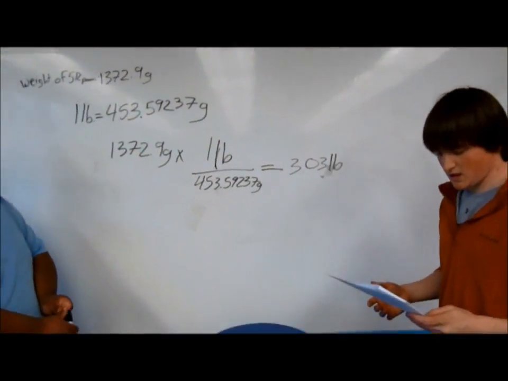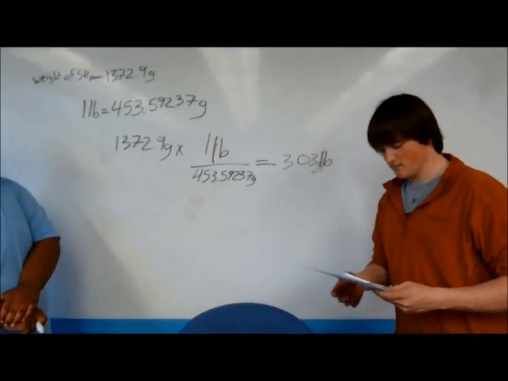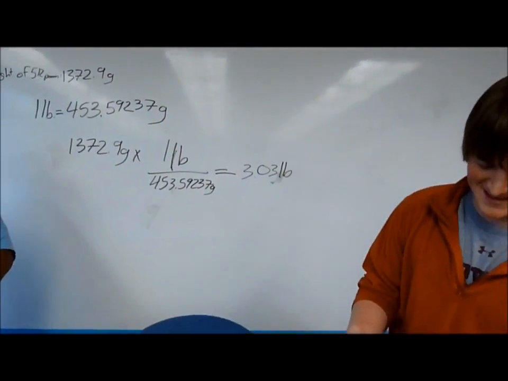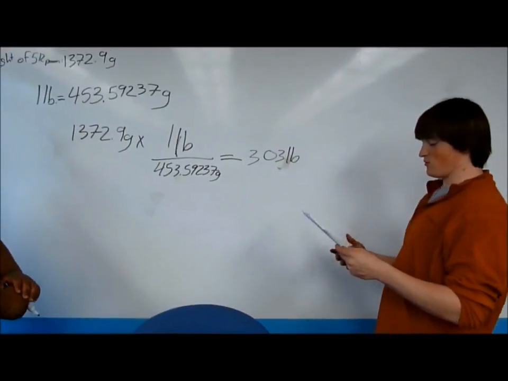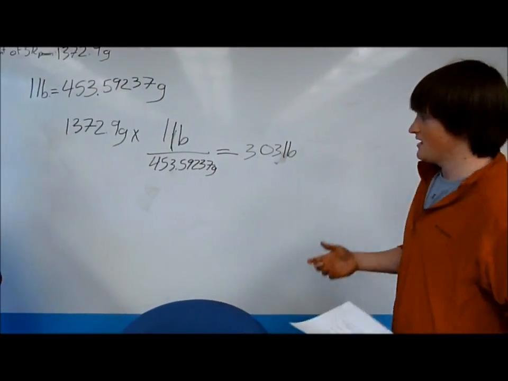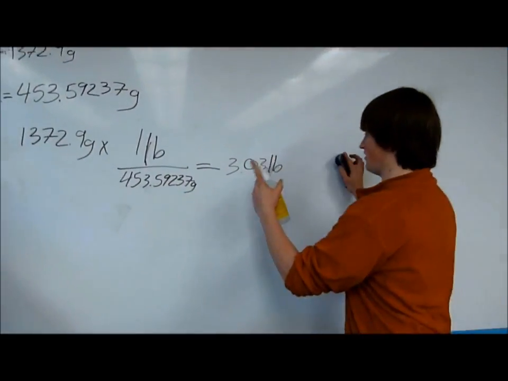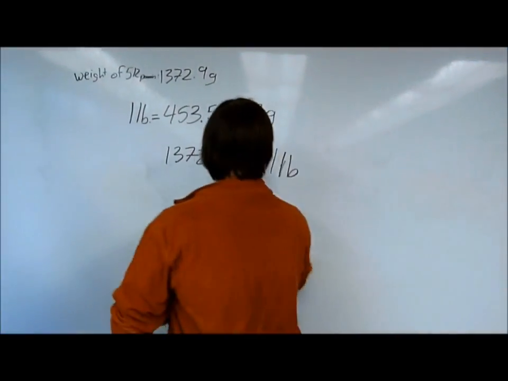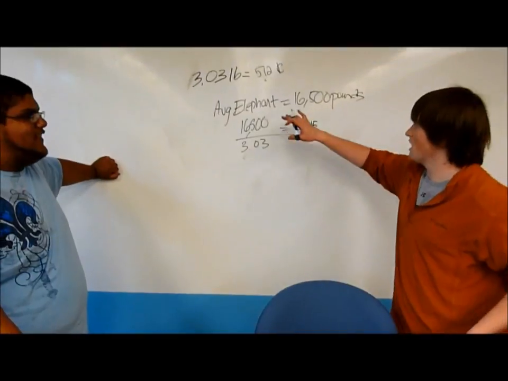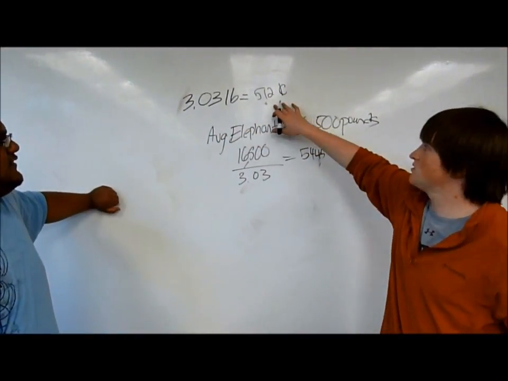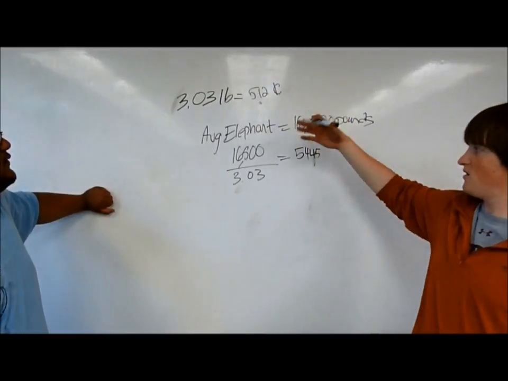The next question is, stupidly, you never think this, but have you ever wondered how many pennies it would take to add up to the largest land animal in the world, which is the African elephant? No, you would never have to calculate this in real life, but we just thought it would be a nice additive to our experiment. So here, 3.03 pounds is equal to the weight of the 512 pennies.